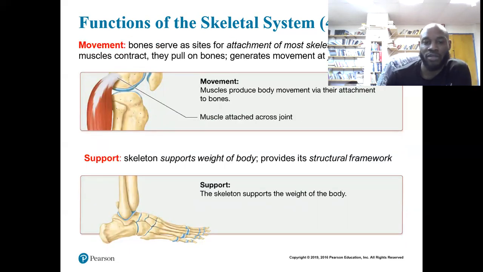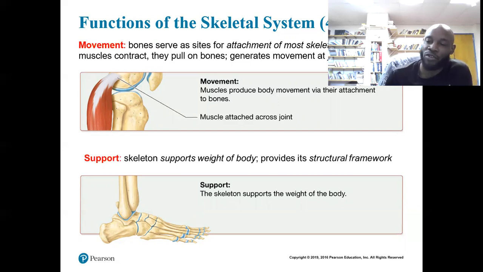As I mentioned earlier, movement: muscles attached to your bones, that's how we're able to move. We have a lot of support. You're able to stand up because we have this support structure built into our bones.